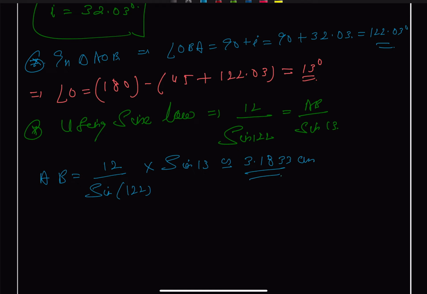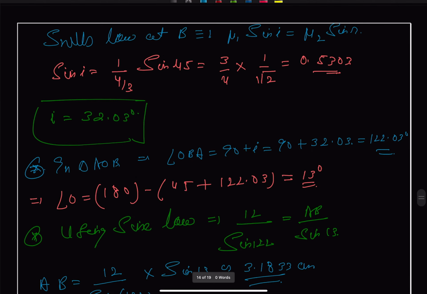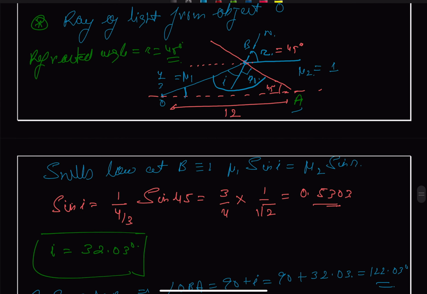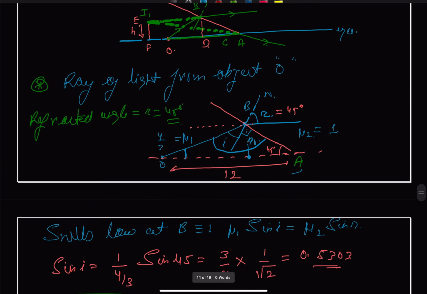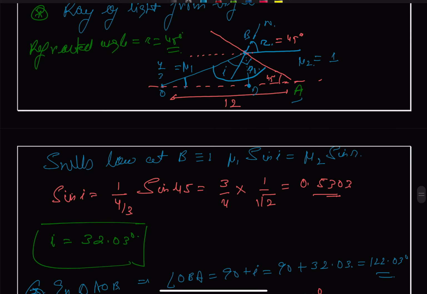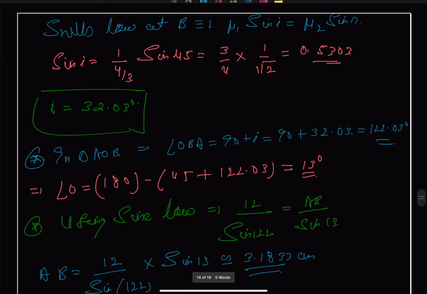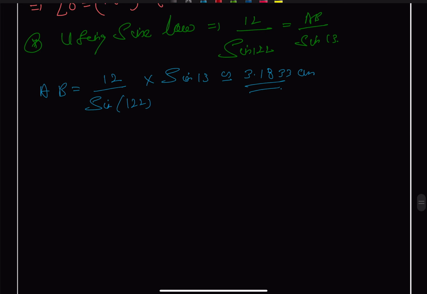Now we can use the triangle. This is our point, and here let us suppose this point we call D. So we can use triangle BAD.